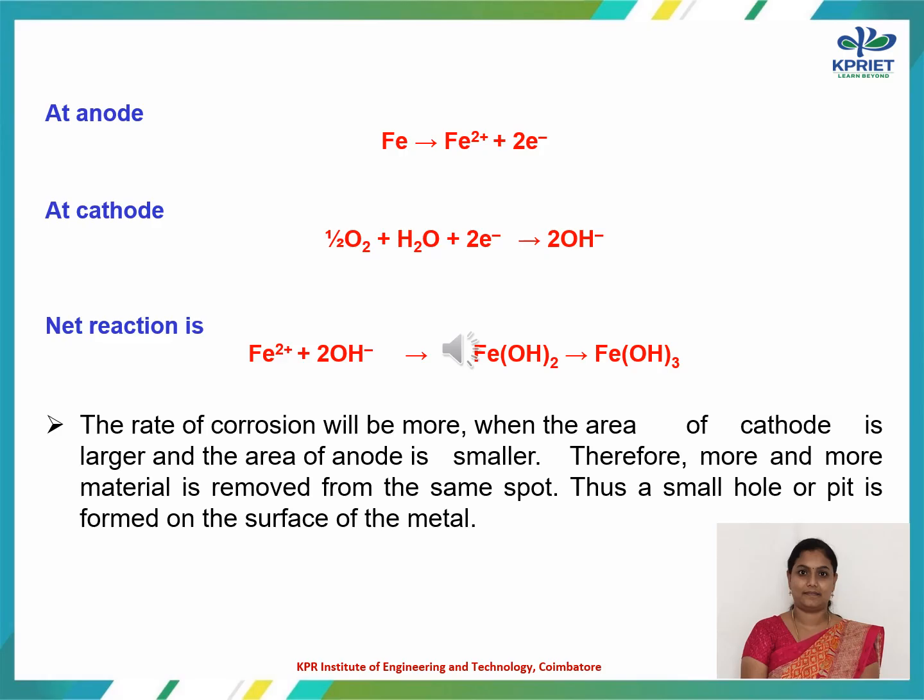These two oppositely charged ions combine together to form a compound which will be further oxidized to form rust. Here the rate of corrosion will be more when the area of the cathode is larger and the area of the anode is smaller. Therefore, more and more material is removed from the same spot. Thus, a small hole or pit is formed on the surface of the metal.